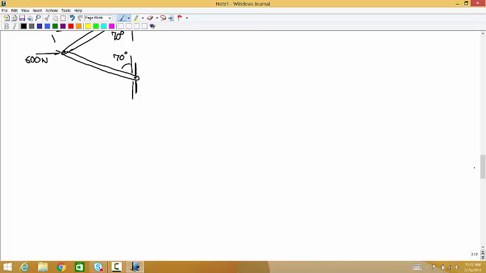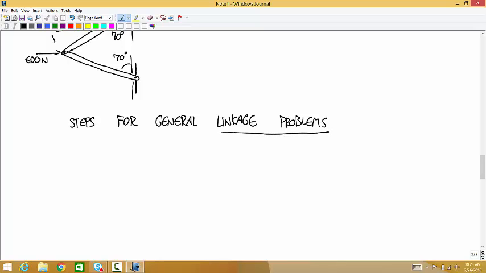let me give you a set of steps for these problems, and then we'll start doing an example. So the first step is member by member.